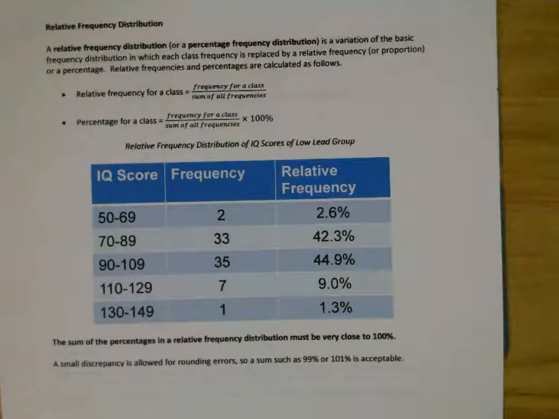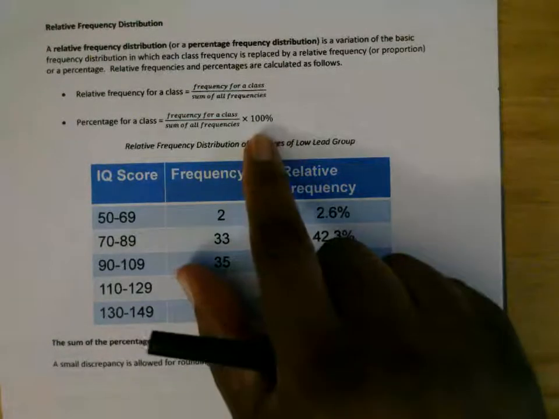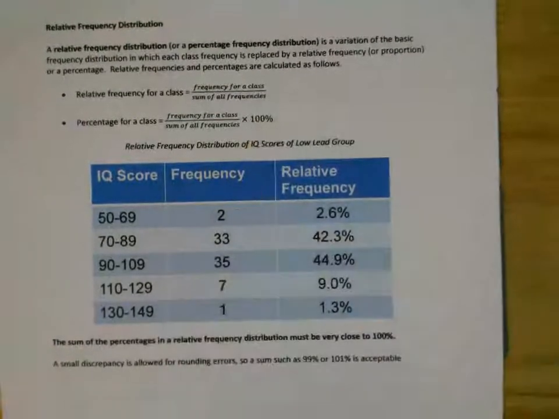The relative frequency for a class will be the frequency for that class divided by the sum of all frequencies. That's usually going to be a decimal. For a percentage, you'll do the frequency for a class divided by the sum of all your frequencies, but you're going to multiply by 100%. That's the difference between a relative frequency and a percentage.